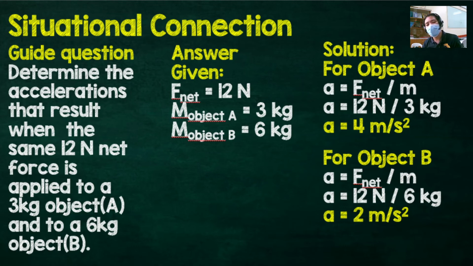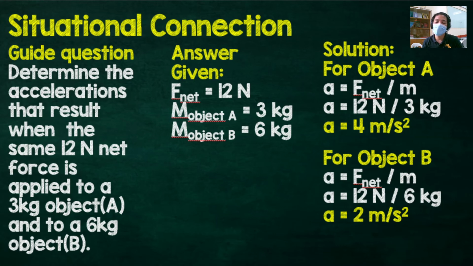So what are the things that we learn from this very simple question? First off, the force is directly proportional to the acceleration of the object. But also, the acceleration depends not only on the force, but on the mass of the object.